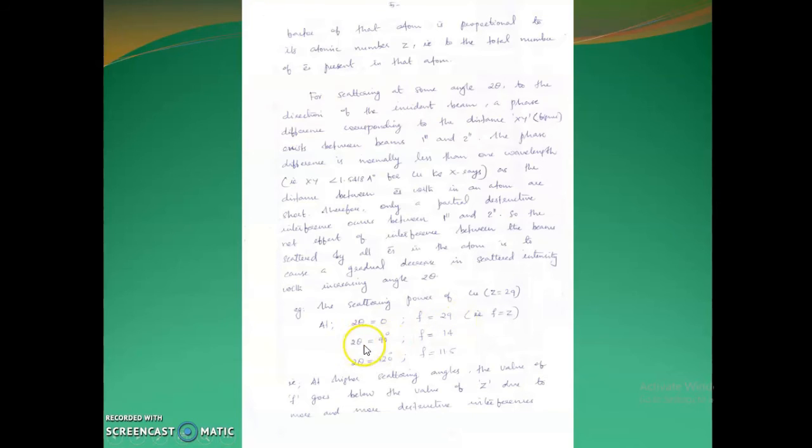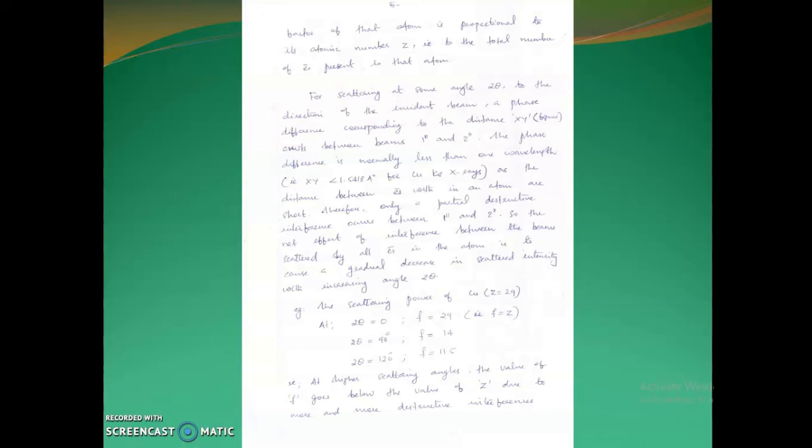When the scattering angle 2 theta is 90 degrees, the experimental F value is 14. Scattering factor has decreased. If the 2 theta value goes up to 120, the scattering factor again decreases to 11.5.